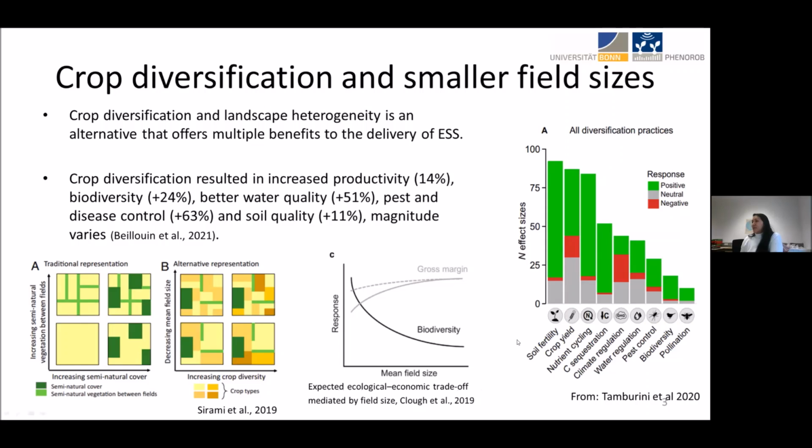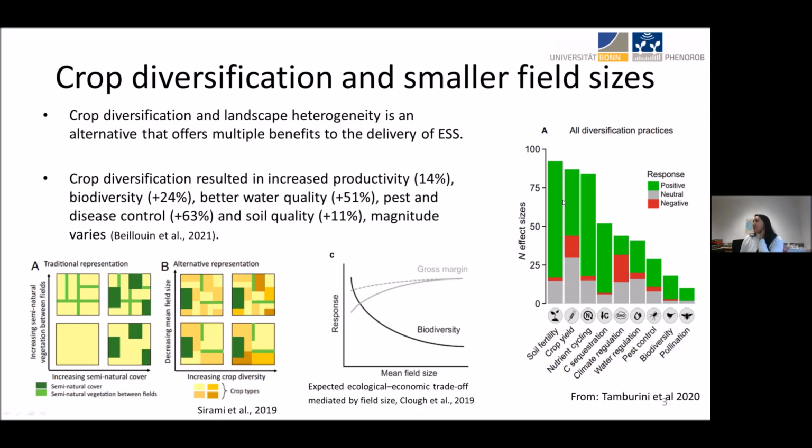Also here to the right, you can see another review paper by Tamburini in 2020, which basically looked at the responses in the system to any diversification practice, and what was the effect of those on different factors of delivery of ecosystem services, but also in terms of biodiversity.